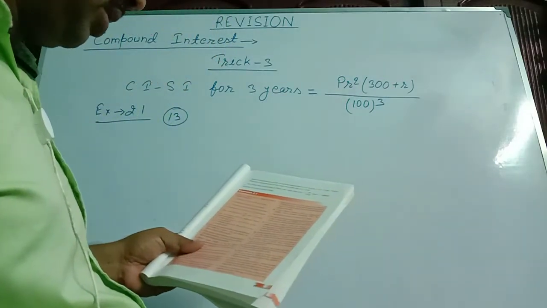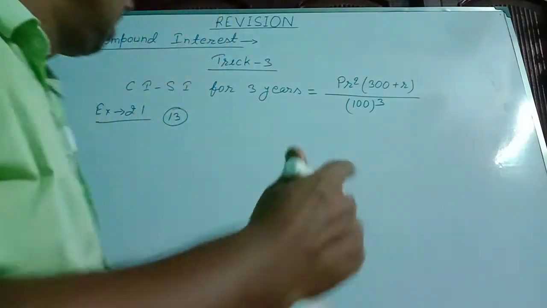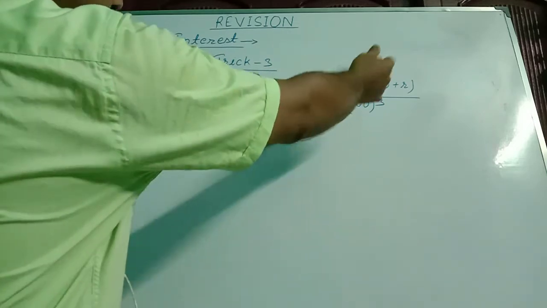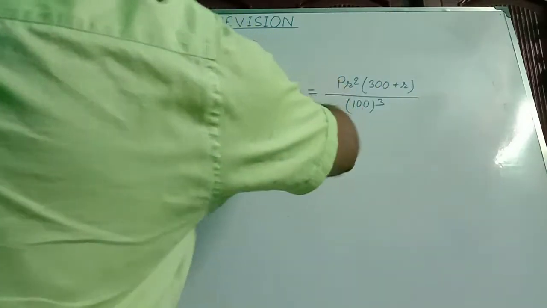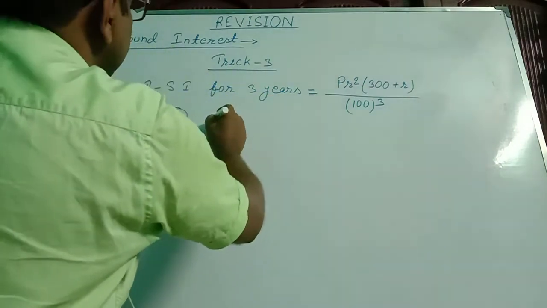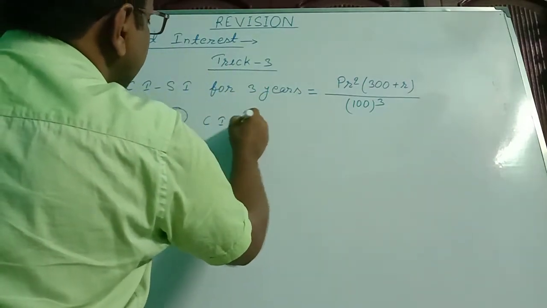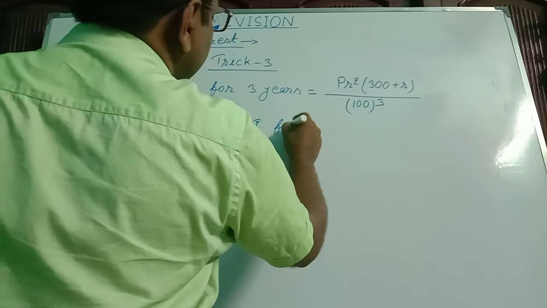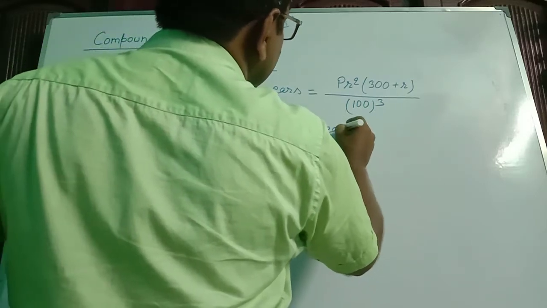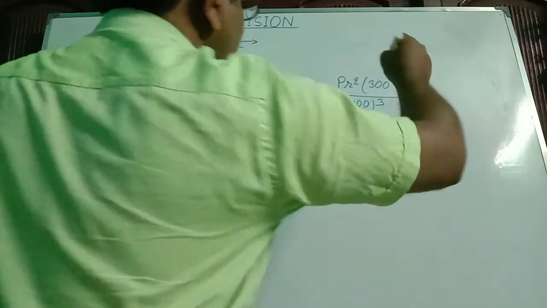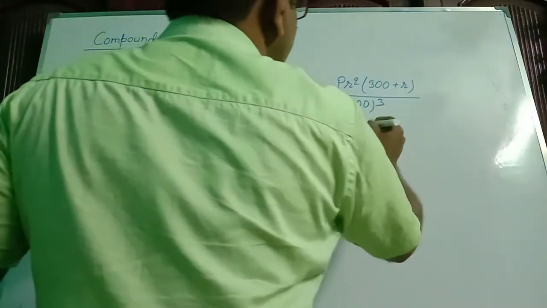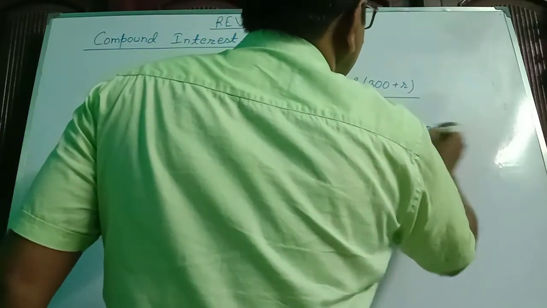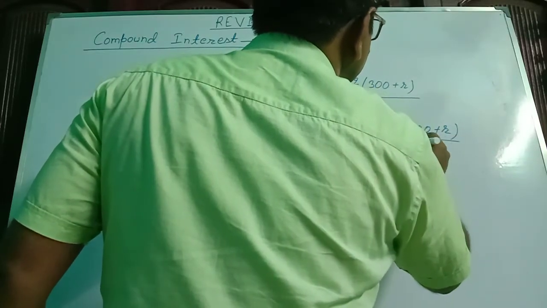We are asked to find the difference between compound interest and simple interest for 3 years. So, the trick is written already, I repeat here, CI minus SI for 3 years is equal to PR square into (300 plus R) by 100 cube.